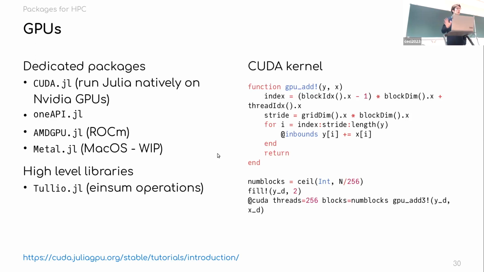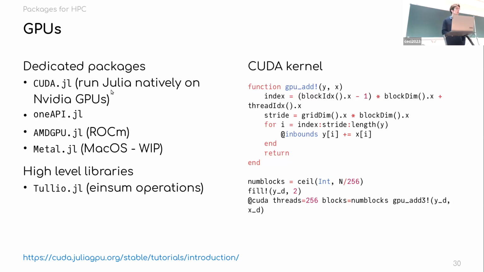The last few slides are more about going further, but I don't have examples for this, but I'll still finish up with a nice example. So if you want to run your code on a GPU, which is getting more and more common nowadays, especially for machine learning, the good news is that there is a bunch of dedicated packages for running Julia code on GPU.